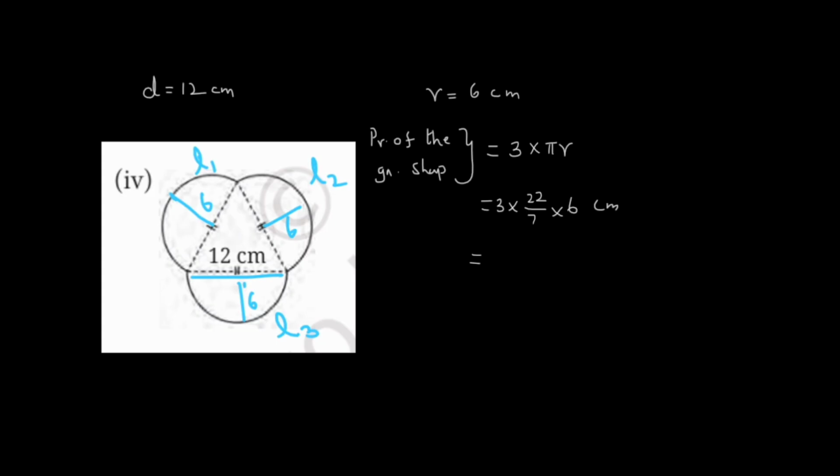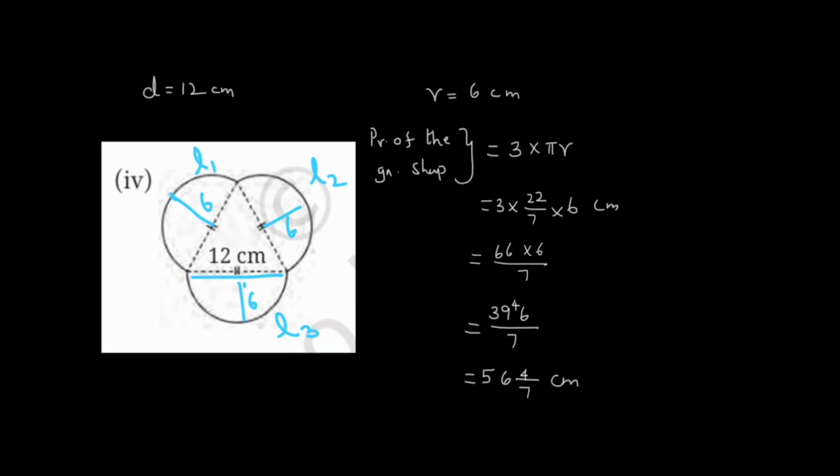Now multiplying this, 3 into 22, 66 by 7. Then 36 and remaining 3, 39 by 7. Now divide this. When we are dividing this with 7, 5 times 35, remaining 4, 6 times 42, then remaining 4 by 7 centimeter. So 56, 4 by 7 centimeter.